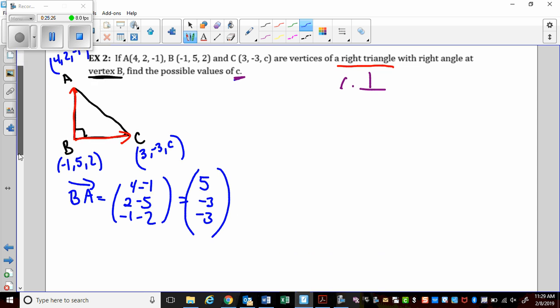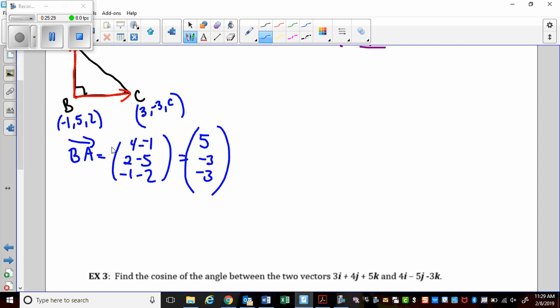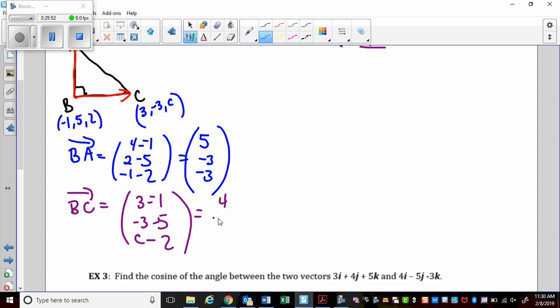Now let's do BC. BC is C minus B, which is 3 minus negative 1, negative 3 minus 5, and C minus 2. We don't know what C is. That's what we're going to try to find. Which is equal to 4, negative 8, and C minus 2. Remember, the dot product of these has to be equal to 0.